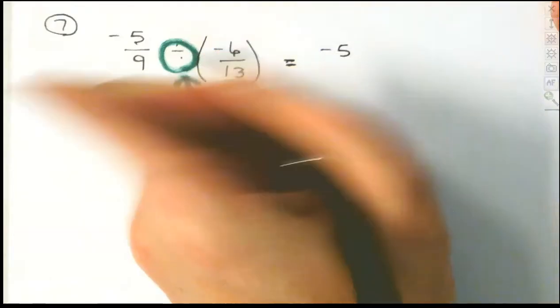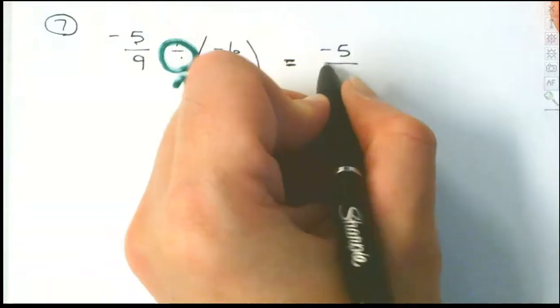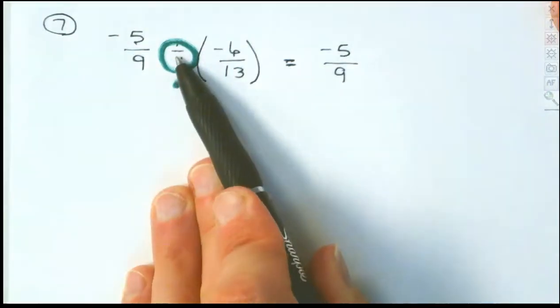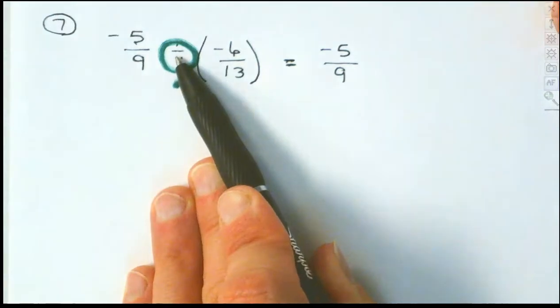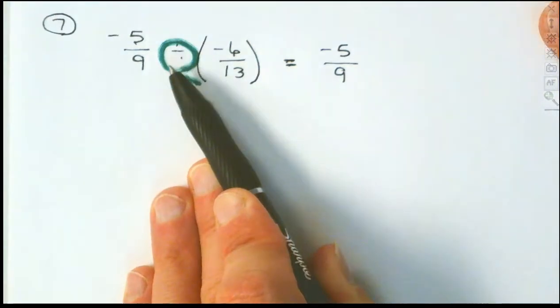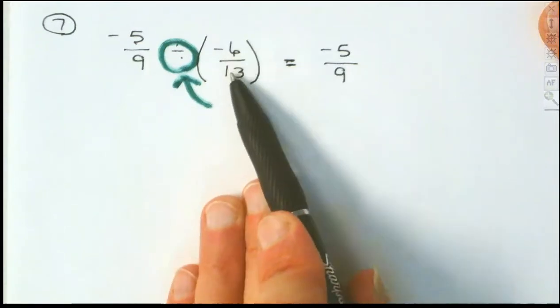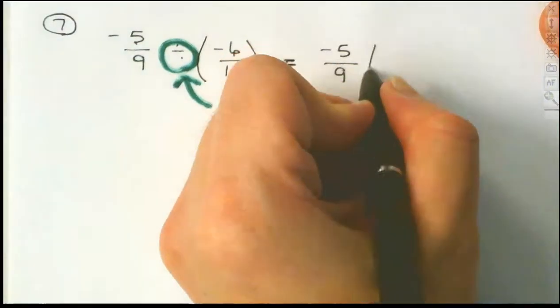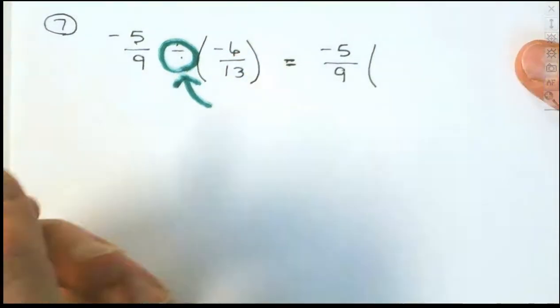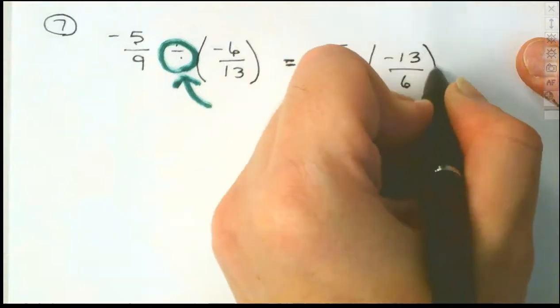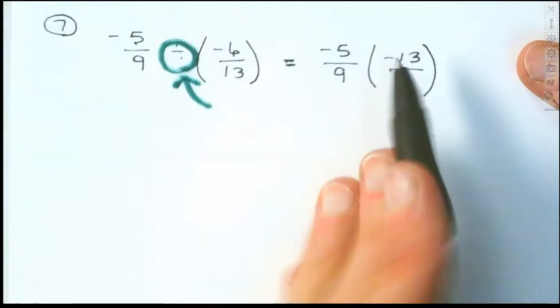So that minus 5/9 stays the same. Because this division here needs to turn into multiplication, I'm going to use my reciprocal. Okay, and what's the reciprocal of this minus 6 over 13? Well, the reciprocal of that minus 6 over 13 would be a minus 13 over 6. And you can keep the negative on the top.